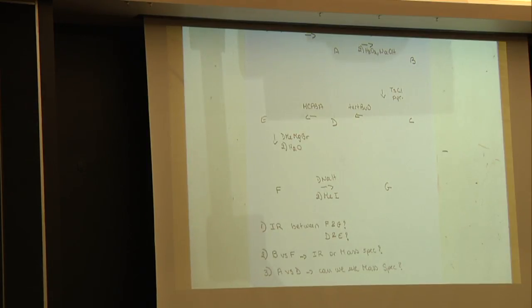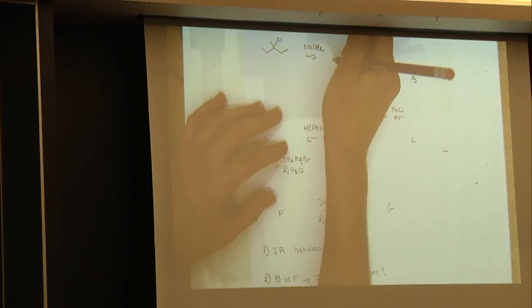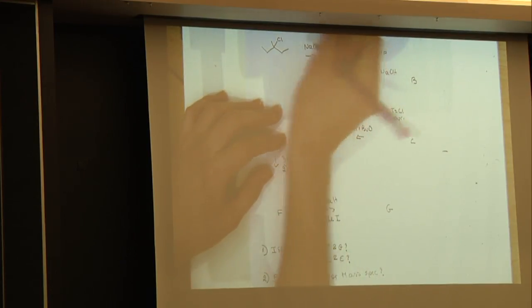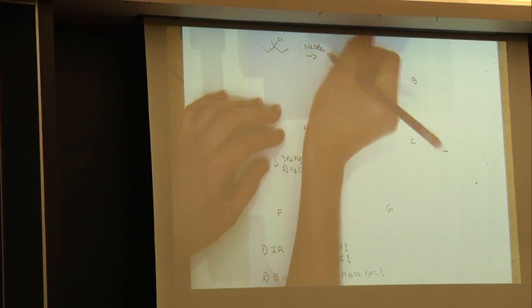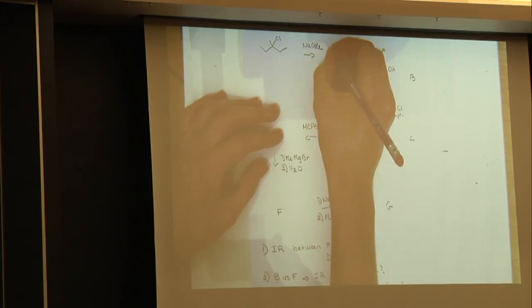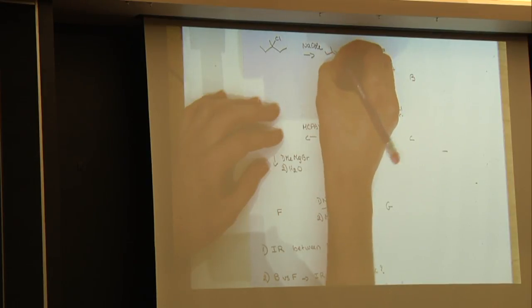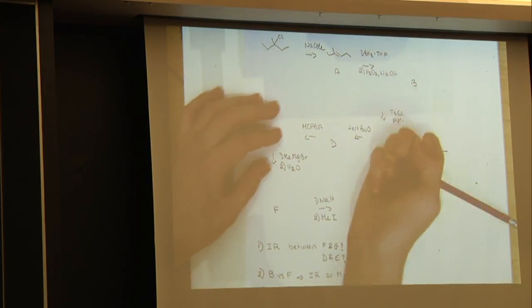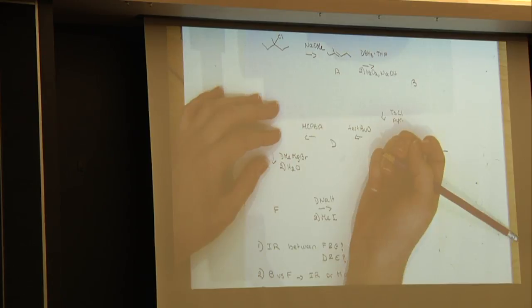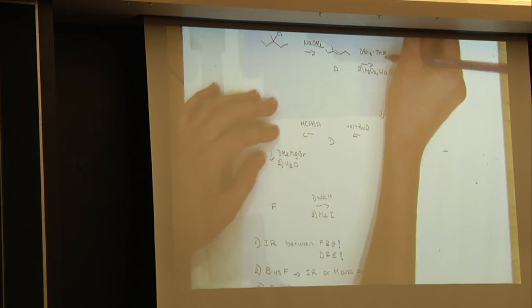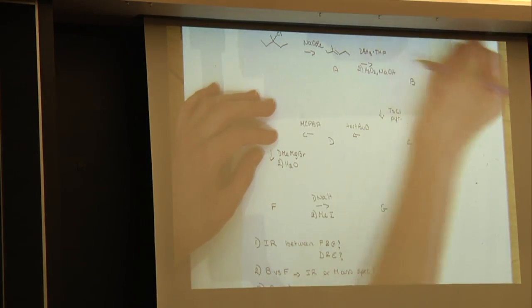All right, so let's work through this together. First we're going to have a base here, right? What is this going to do? Yeah, exactly. We're going to have an E2. Then BH3-THF followed by basic workup.